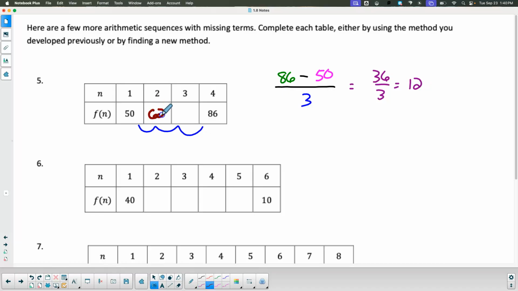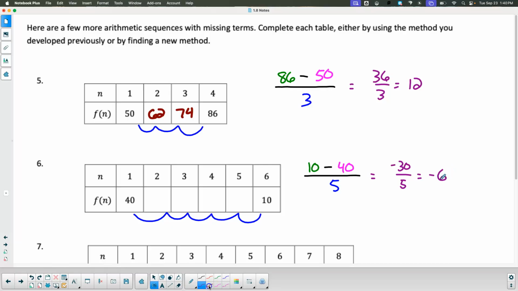So 62, 74, 86. Next, minus 40 all over 1, 2, 3, 4, 5 jumps. So that's negative 30 over 5, which is negative 6.